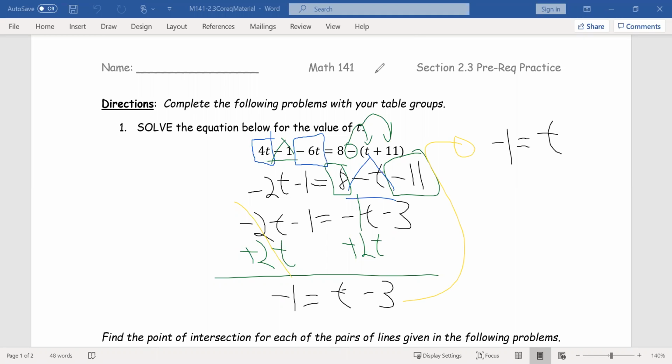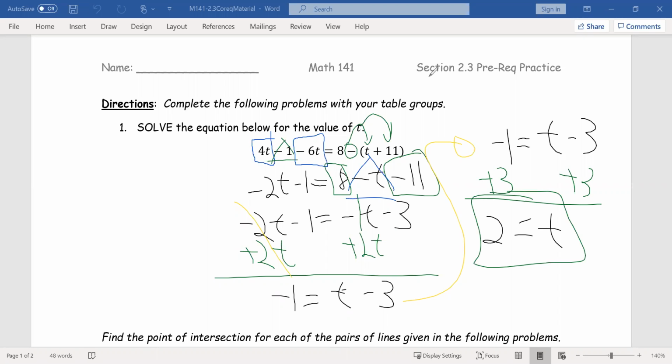So we have negative 1 equals t minus 3. We can finish this off by just adding 3 to both sides. And so we end up with t equals negative 1 plus 3, which is 2. So our answer for t there is 2.